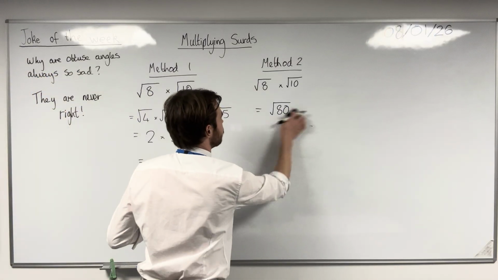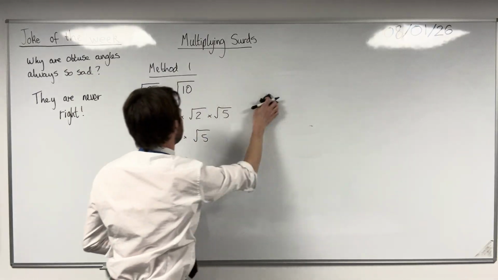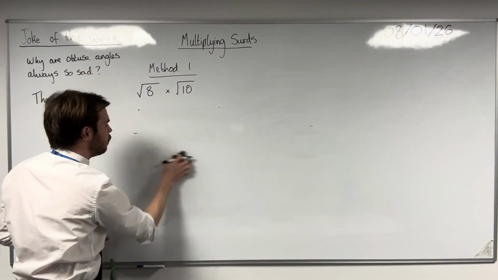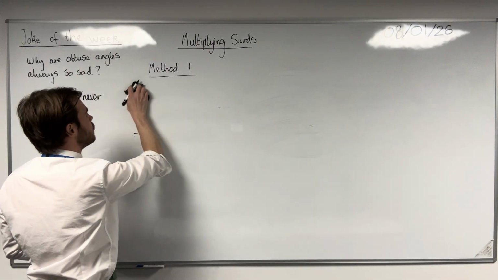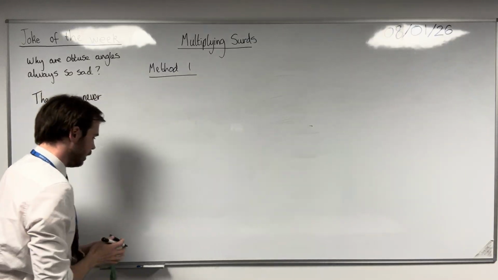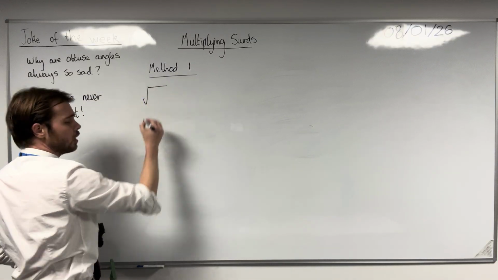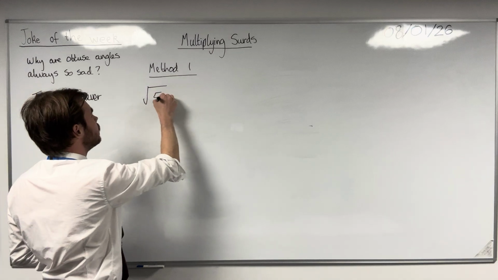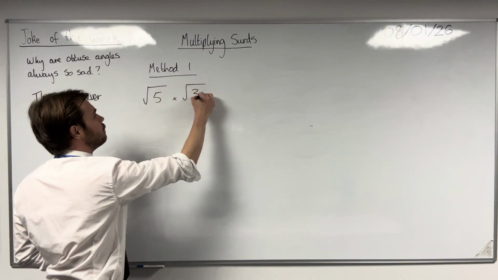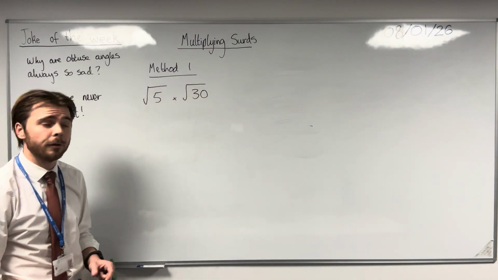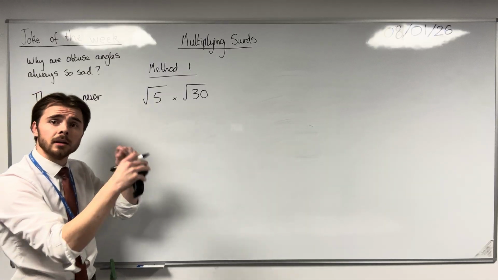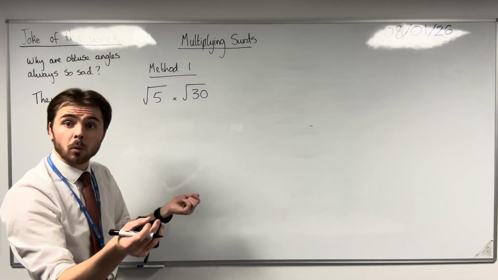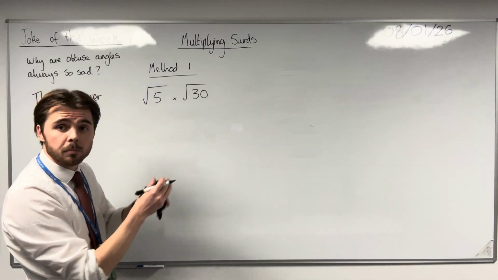So, I'm going to get rid of this, and I'm going to do the current examples with my method, okay? Let's go for root 5 times root 30. We're going to do a similar thing. We're going to break down the surds we can, find matching pairs or square numbers, and then simplify.